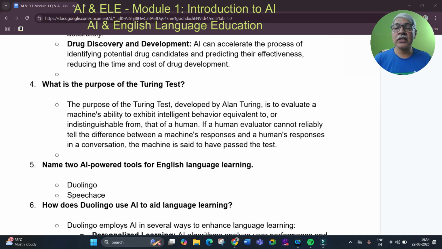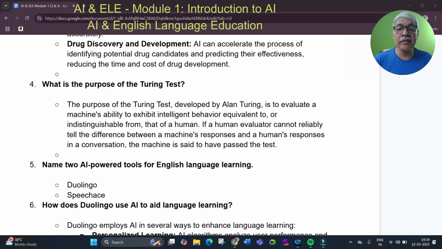Next is what is known as the Turing test. What is the Turing test? This particular test was developed by Alan Turing so as to evaluate a machine's ability to exhibit intelligent behavior equivalent to, or indistinguishable from, that of a human being.